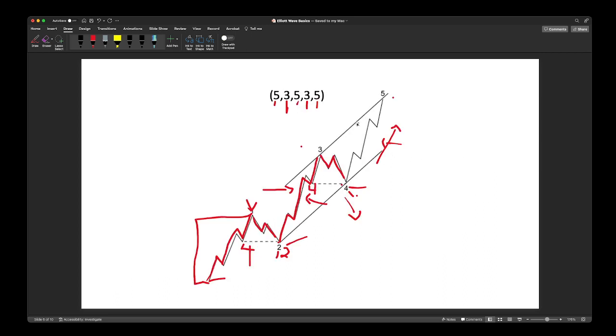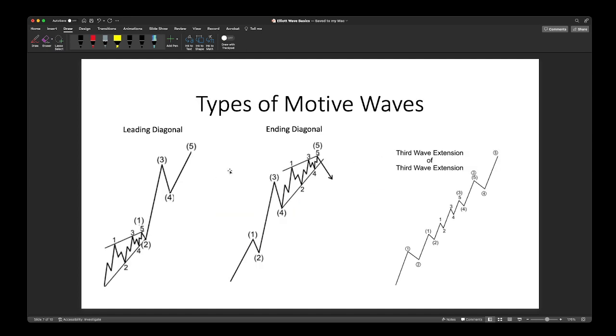In these impulses, we have a few types. We'll go on to them in a later video, but in short, I want to give you just a quick glance of what these motive waves are. These go with tendencies, with the trend.